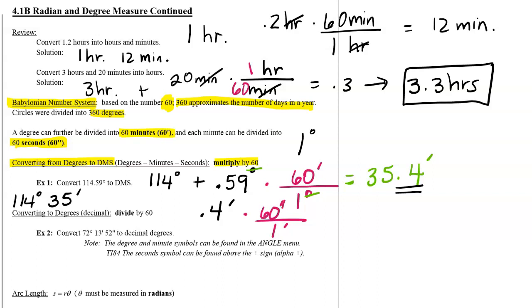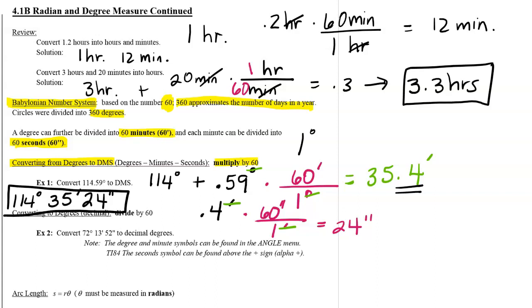And you can see that the minutes are going to cross cancel. Take 0.4, multiply it by 60 seconds, and you are going to get 24 seconds. So 114 degrees, 35 minutes, and 24 seconds is your DMS, degrees, minutes, and seconds.